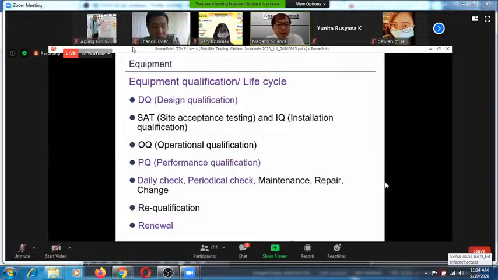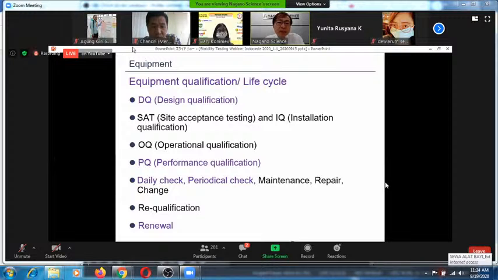And then operational qualification, performance qualification, and these things are mainly done by a supplier, but also the customer should agree on the result. And you do the daily check, periodical check, maintenance, repair, and change if necessary. And you do the requalification once a year, once in 2 years, once in 3 years, something like that. And also you make renewal of the equipment.